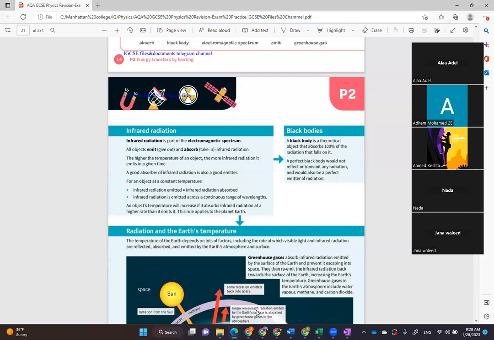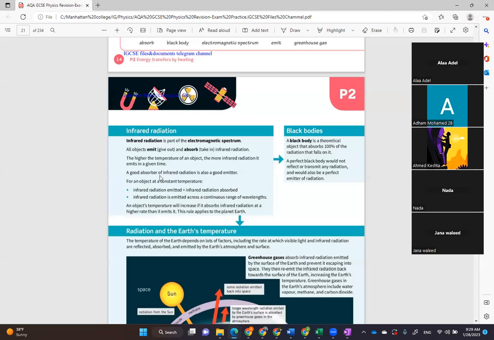So in our definition here, infrared radiation is a part of the electromagnetic spectrum. All objects emit, or give out, and absorb, or take in, infrared radiation. The higher the temperature of an object, the more infrared radiation it emits in a given time. So if you heat an object to a certain temperature, the object will emit infrared radiation.